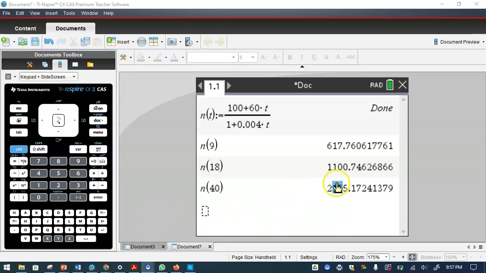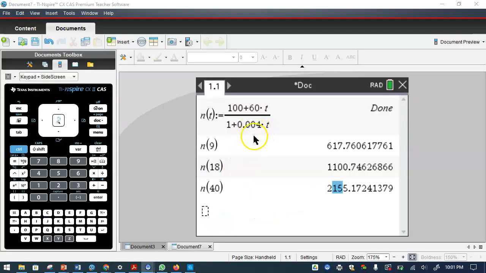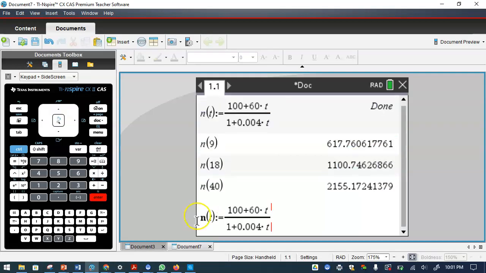Now remember, we can't have a population of 2,100 because our maximum has to be 1,500. I think I typed the equation wrong. Let me get back there and change that. This should be 0.04, and that's the mistake I made.